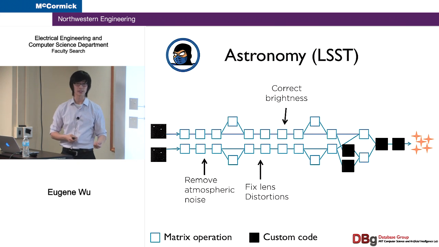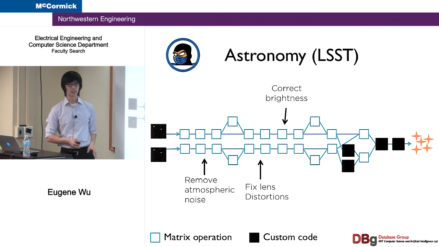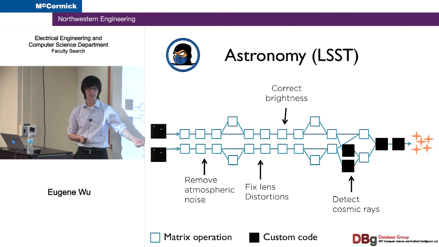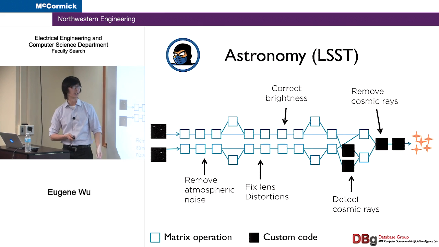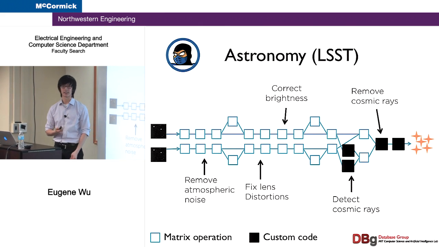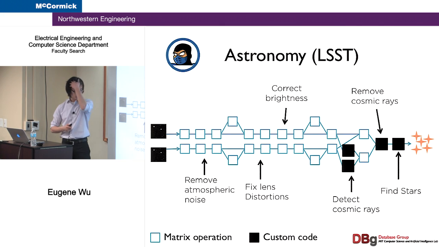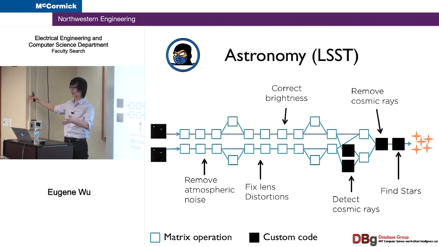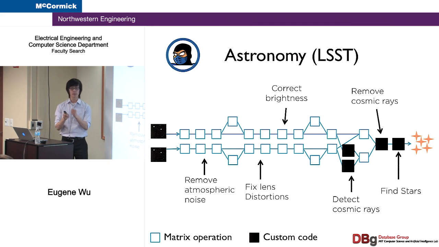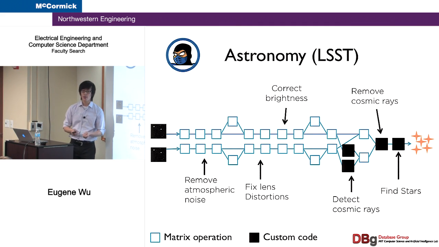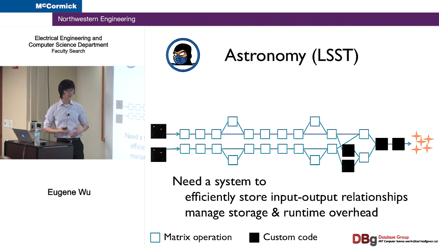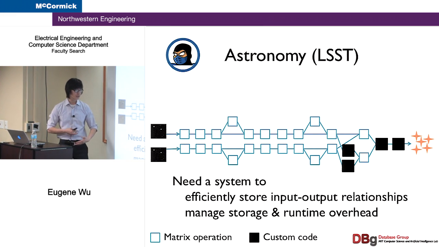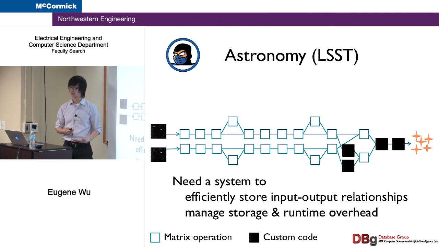The way they deal with this is by taking two pictures of the same portion of the sky and then writing custom code in order to detect these cosmic rays in the images, merge them, remove the cosmic rays, and then finally detect the stars. You can imagine each of these operators takes a giant image as input, generates a giant image as output, and they want to know pixel level relationships, right? And so we need some system that allows the developer to efficiently expose this information and be able to manage the cost of doing so.